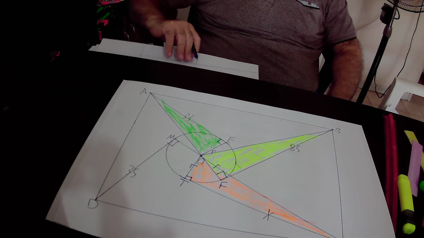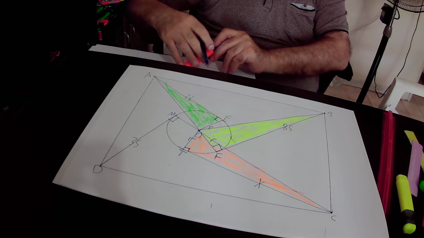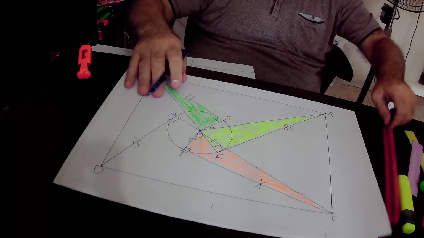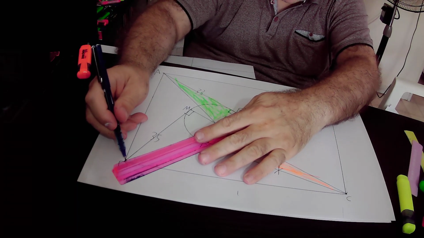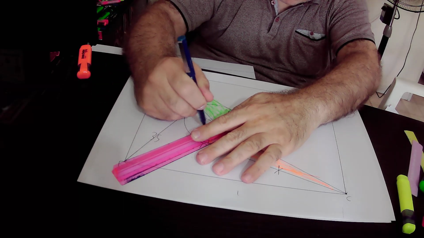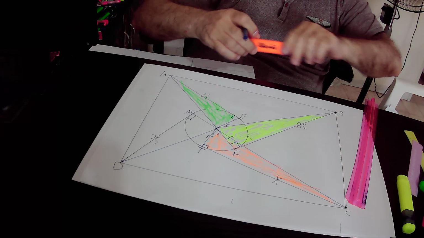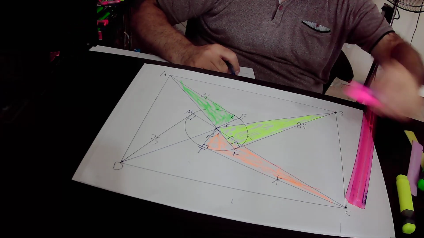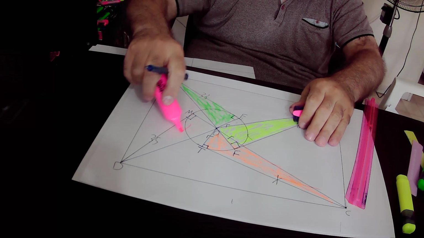In the next step, we will join points O and D together by a straight line. And we will implement the Pythagoras theorem on the right pink triangle, triangle OMD.